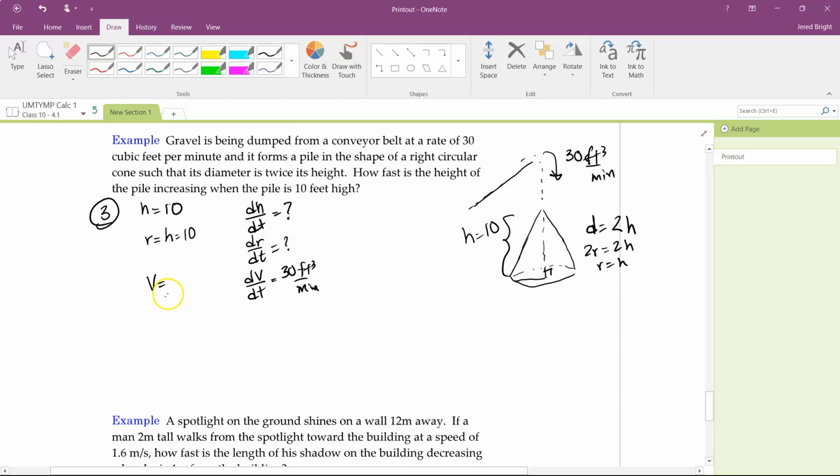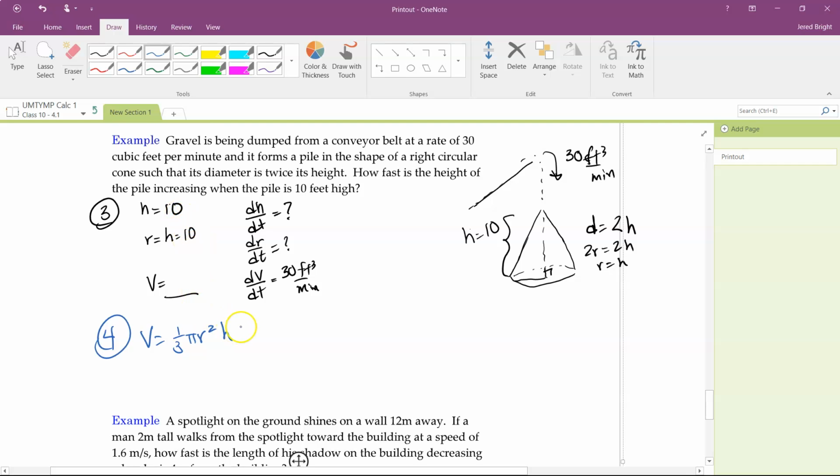Okay, so for the volume of a right circular cone, I believe that we have the equation volume is equal to 1/3 pi r squared h. Okay, so then I can find the volume at this specific moment in time.